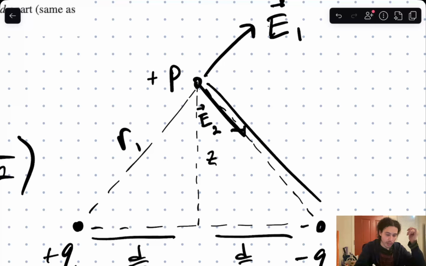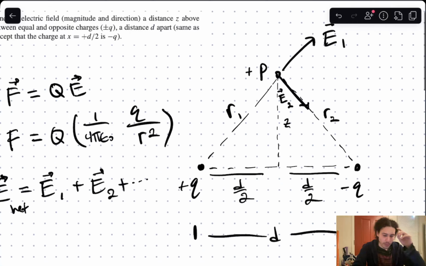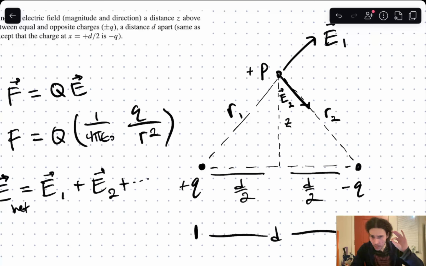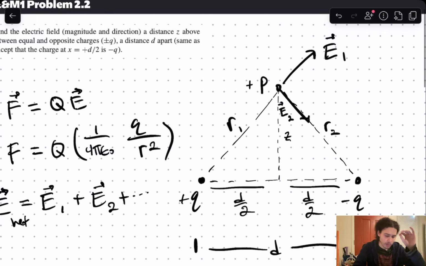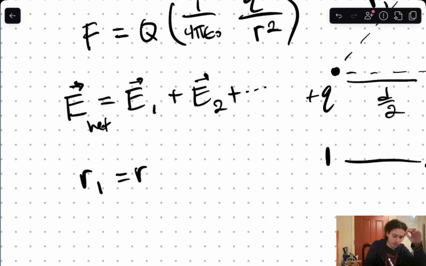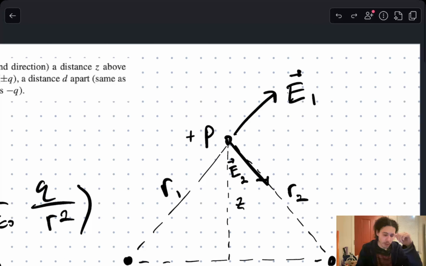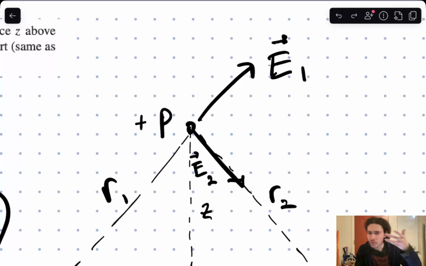And this length here, that would be R2. Notice that because of the symmetry of the problem, we could say that R1 is equal to R2, which is just equal to some number R. They're both equal to this number, whatever it is. That's another thing that simplifies our computation.